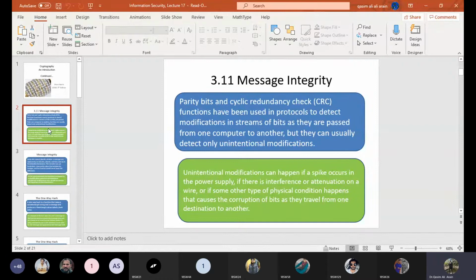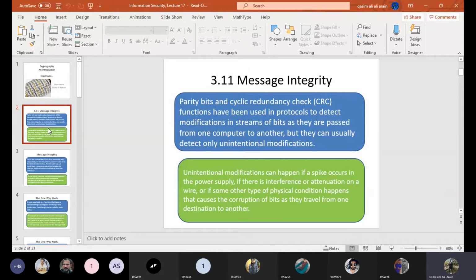But the important thing to understand is that this type of check is only going to detect modifications which are made during the transmission. When your data is traveling over a wire, and there is any attenuation or any spike of voltage, and some bits change from 0 to 1 or 1 to 0, such modifications or alterations are detected by using the cyclic redundancy check, right?